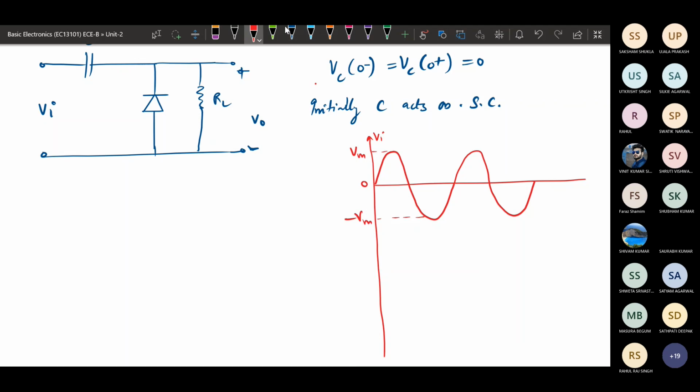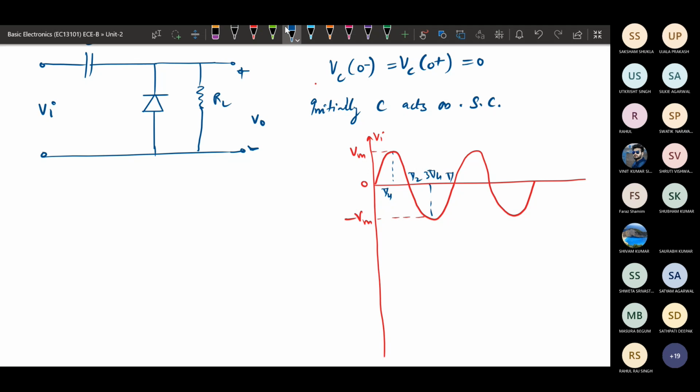So this is T by 4 time, this is T by 2, this is 3T by 4, and this is T time period.